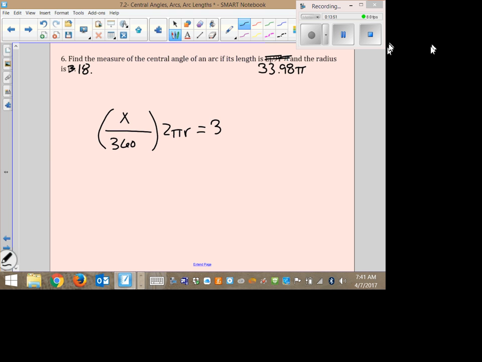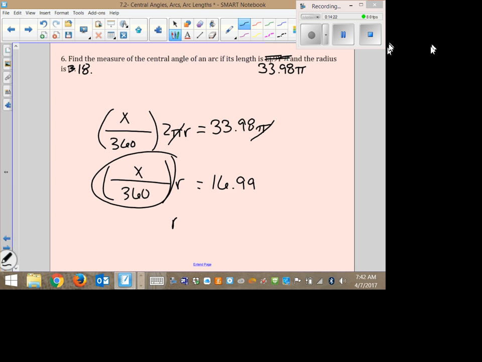And that's going to equal 33.98 pi. So we're looking for our degree measure. So we take 2 pi r. Let's divide by 2 pi. So we cancel our pi's out, and we get x divided by 360 r equals 33.98 divided by 2. So we'd get 16.99. And then note that we want to divide by this whole quantity.